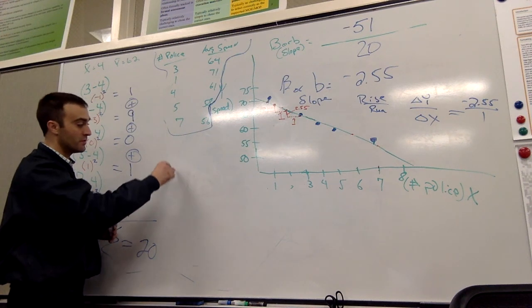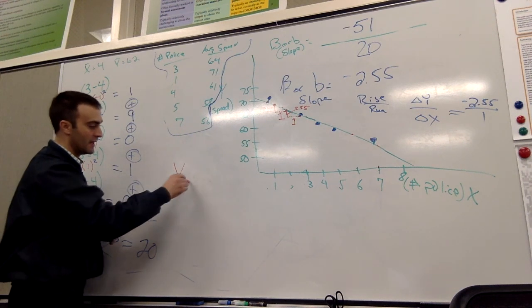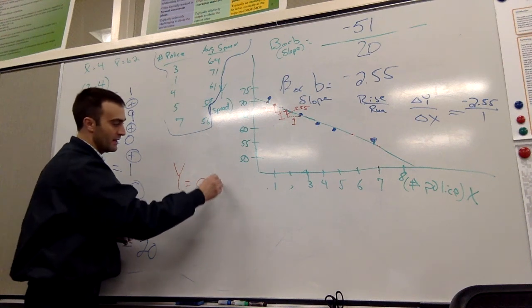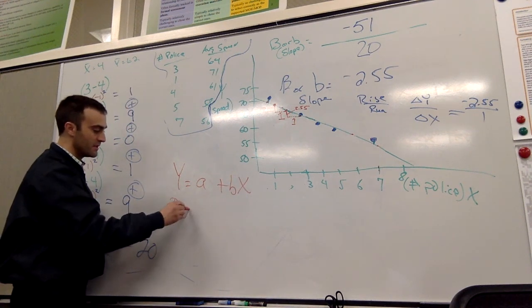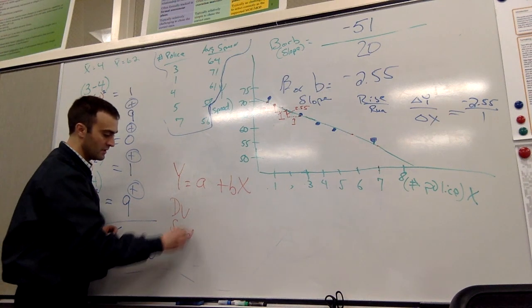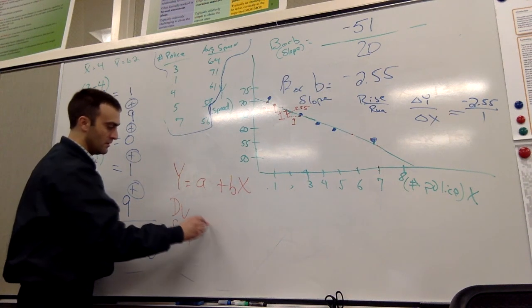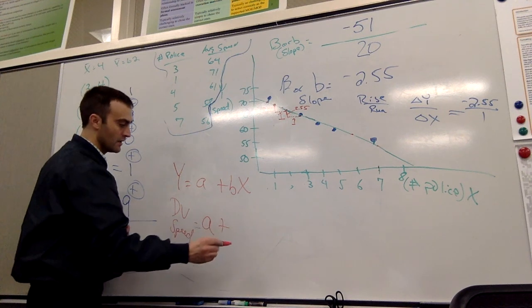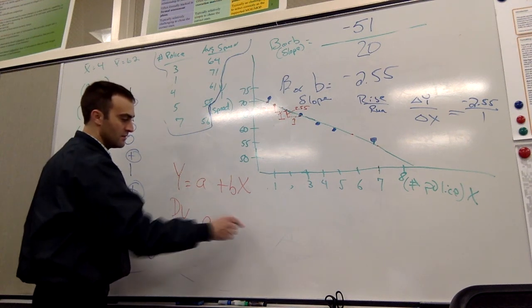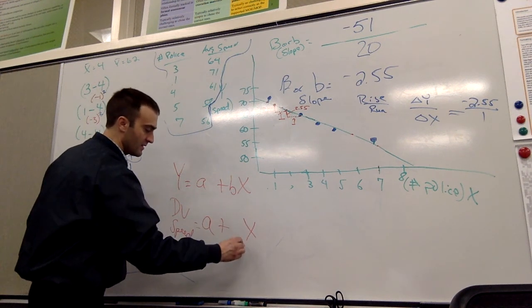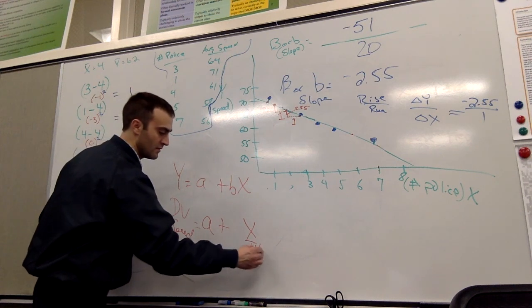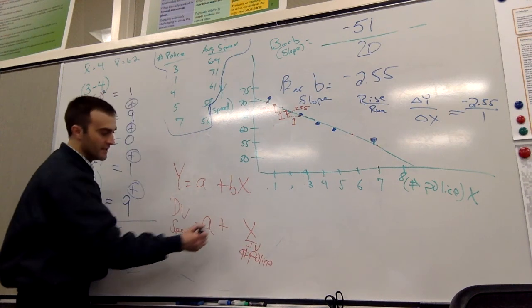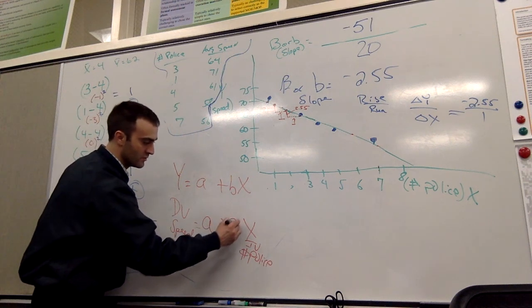So what we're doing with the regression equation, y equals a plus b, or beta, x. The y is our dependent variable, which is speed, equals a plus, x is our independent variable, or number of police, and our beta is a negative 2.55.